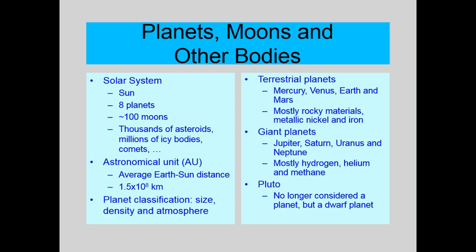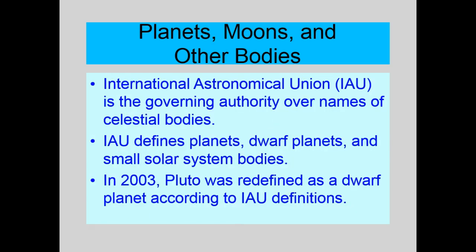Now, I see a contradiction right here. Let's go back a slide. In our book, it says, at the August 24, 2006 meeting, this says 2003, the definitions of planets, a dwarf planet, small solar system bodies were clarified and approved.